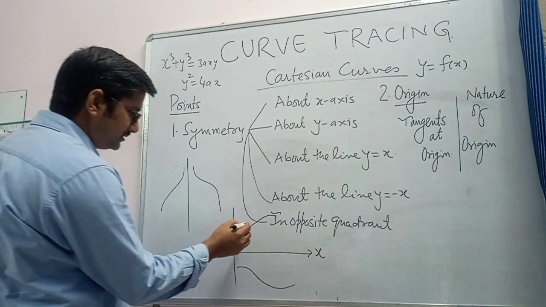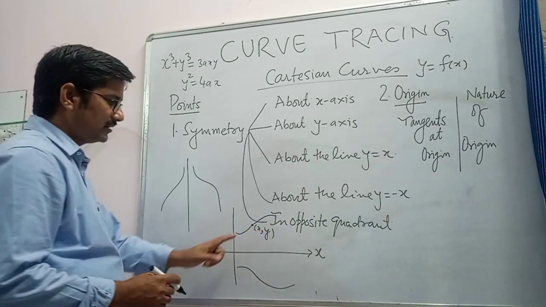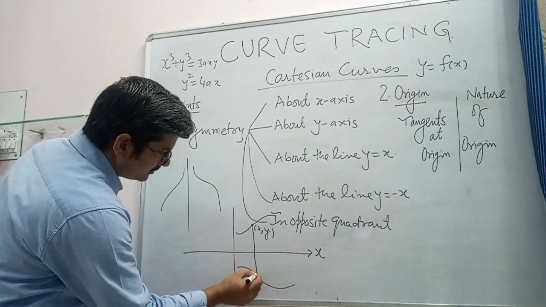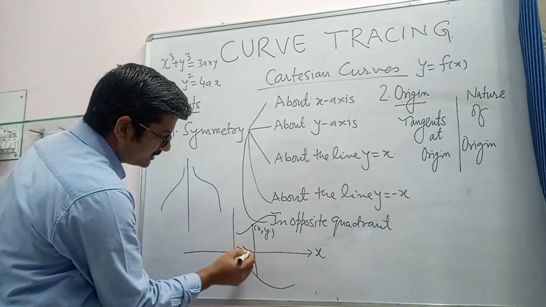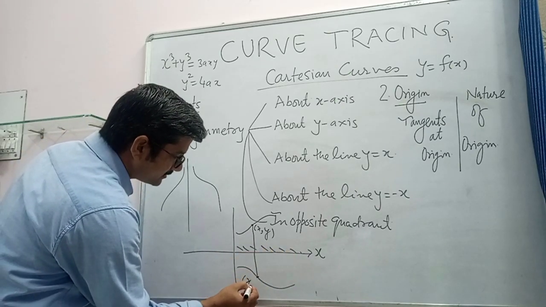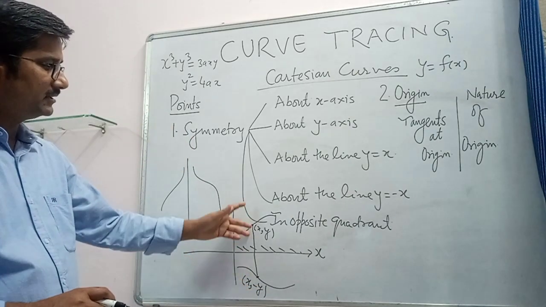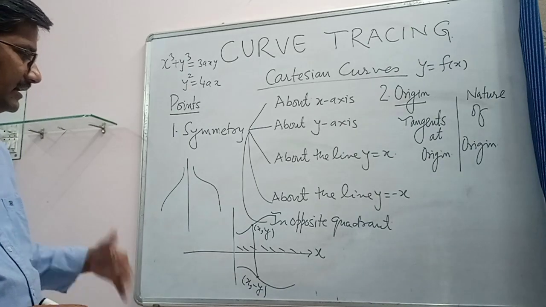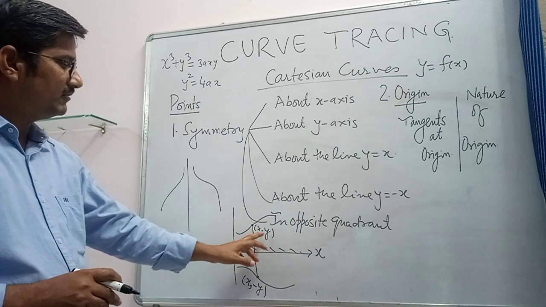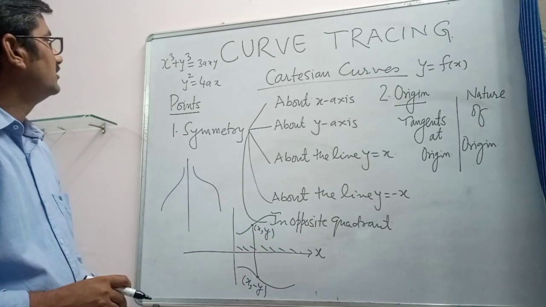Suppose a point on this curve is (x, y); just below it will be the mirror image, which is (x, minus y). Both points will lie on the curve. So what idea can you develop to check whether the curve is symmetric about the x-axis? It means (x, y) and (x, minus y) both will lie on the curve.